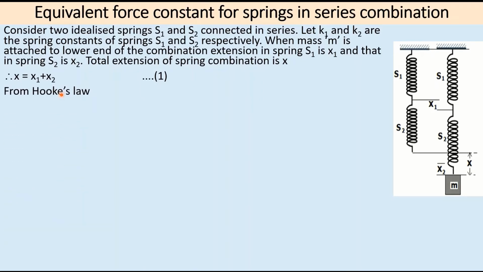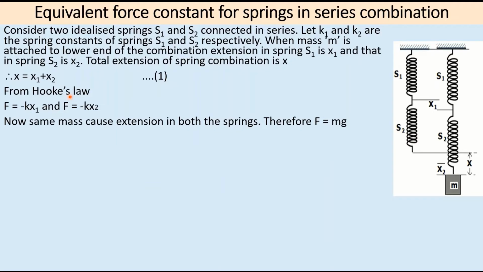From Hooke's law, the force acting on the first spring is F is equal to minus K1 x1. Similarly, the same force is acting on the second spring also. So for the second spring, F is equal to minus K2 x2. Now the same mass causes extension in both the springs, so F is equal to mg, mass into acceleration due to gravity.